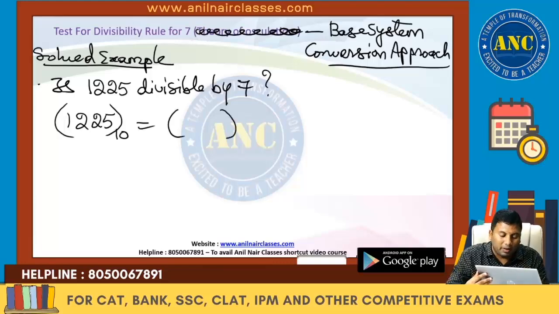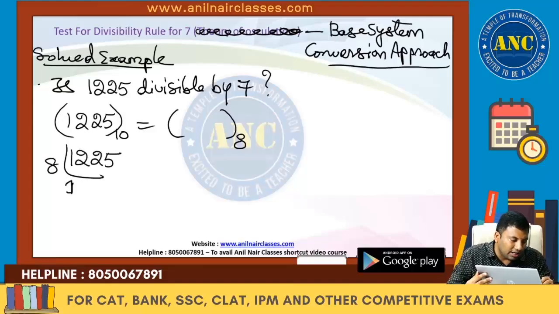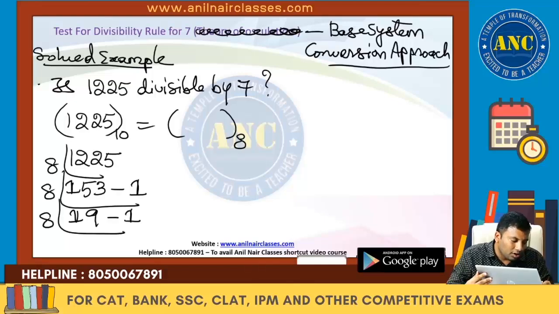I want to check divisibility by 7, so I will convert into base 8. Conversion means I have to divide it. 8 1s are 8, 42. 8 5s are 40, 25. 8 3s are 24, 1. 8 1s are 8, 73. 8 9s are 72, 1. 8 2s are 16, 3.